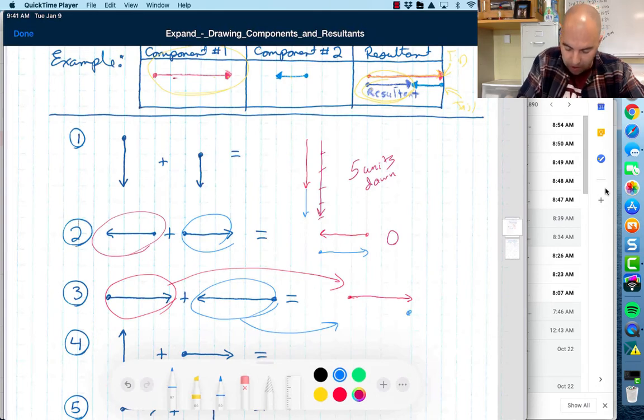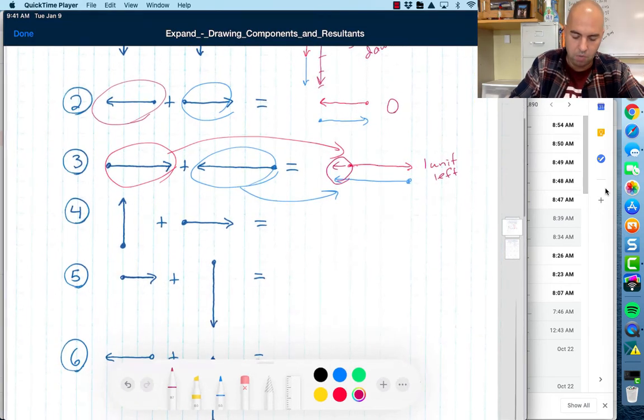But this one is 5 to the left. So what does that mean? It means that my resultant, what's left over, is this. It is going to be 1 unit to the left. All right, let's keep going with this.